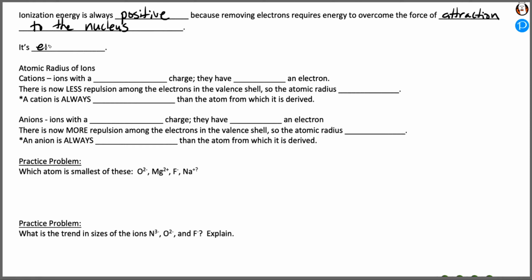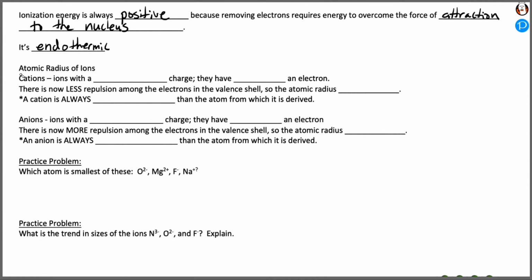And that means, going back to our thermochemistry, that it's endothermic, because it requires energy to break. So it's an endothermic process if we want to remove those electrons. We'd always have to add energy to it.